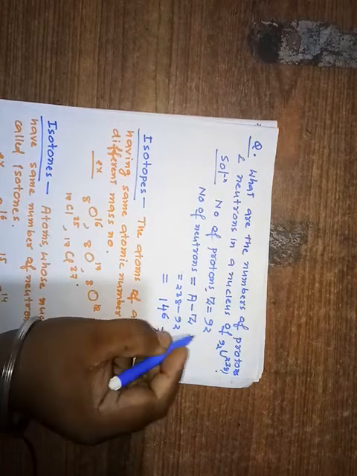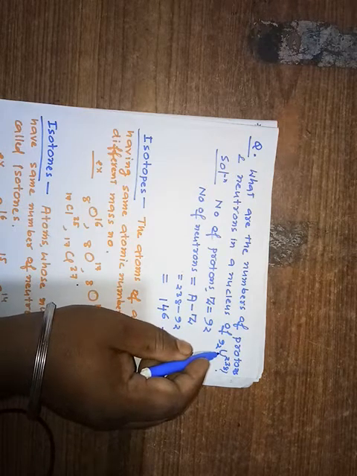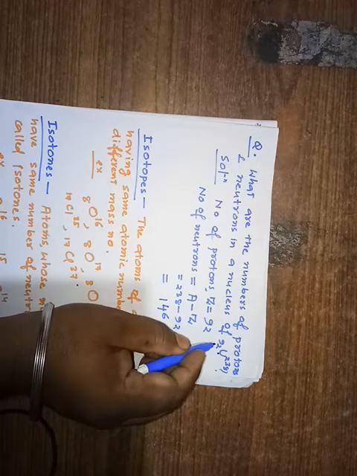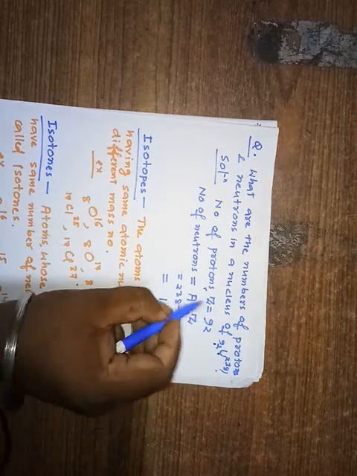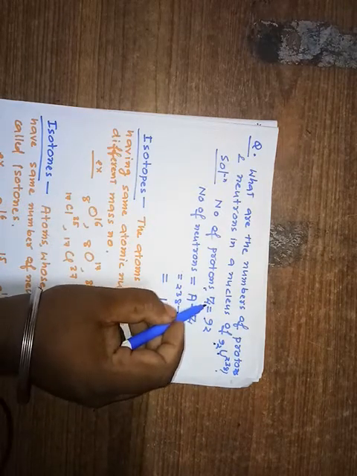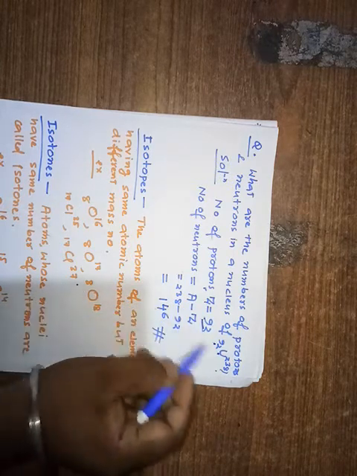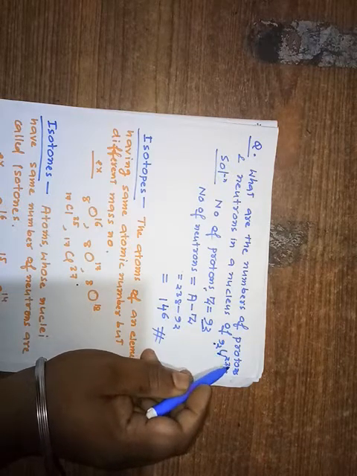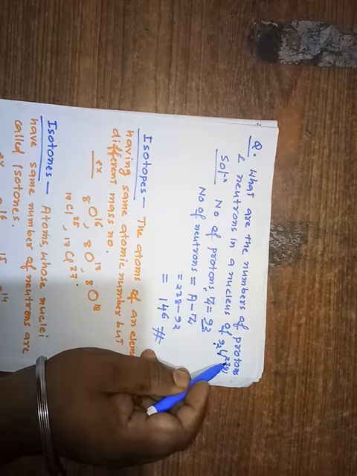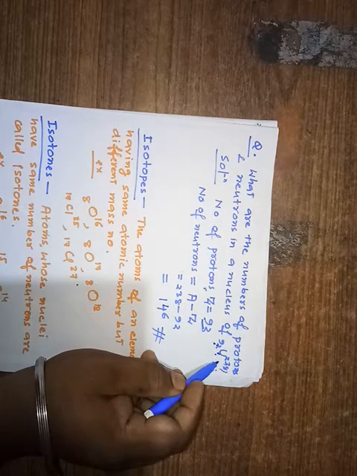Here 92 is the atomic number of the uranium, and we know that the atomic number of a nucleus is nothing but the number of protons. So the number of protons of this nucleus is 92. And 238 is the mass number of this nucleus. This mass number contains both the atomic number plus the number of neutrons.